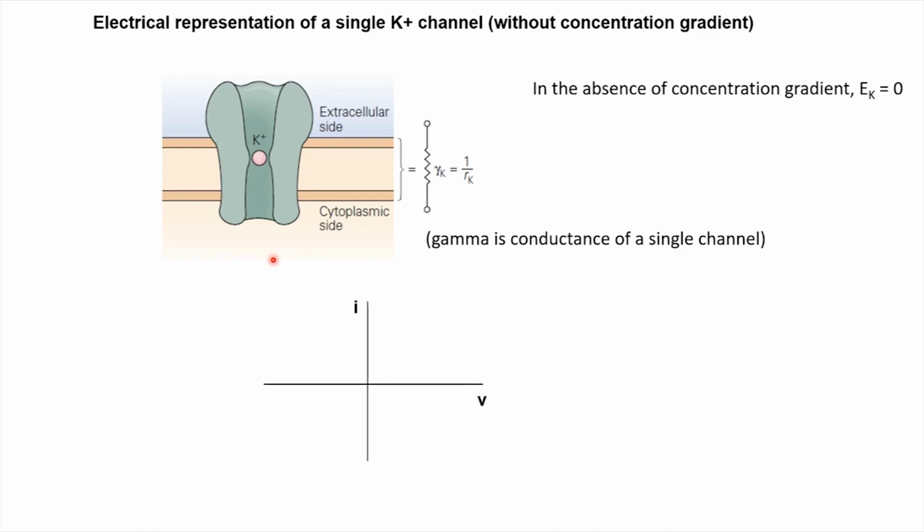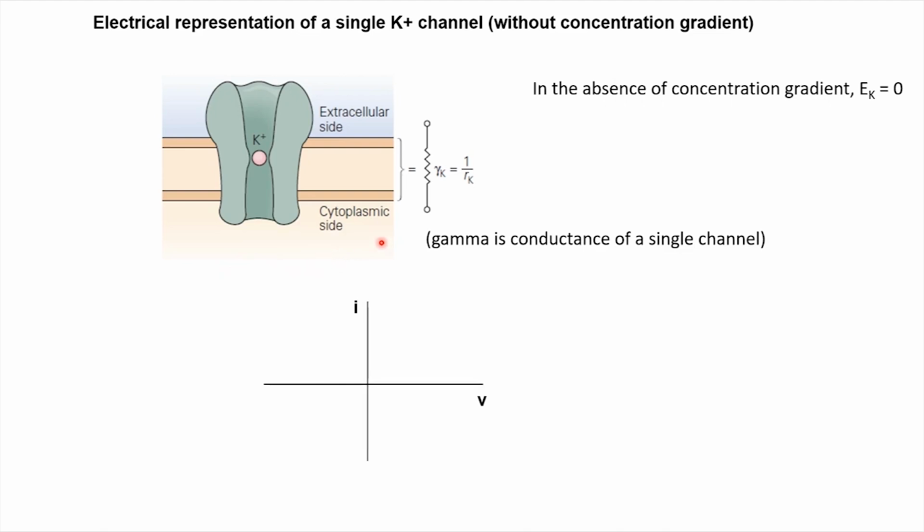And the direction of the movement of potassium ions will be such that the voltage can get closer to Ek, which is 0 in this case. So potassium ions will actually move out, so that if the membrane was positively charged inside, and positive ions move out so that it can again become neutral. So current I going from inside to outside will be positive. And if V is negative, then the current will also be negative.